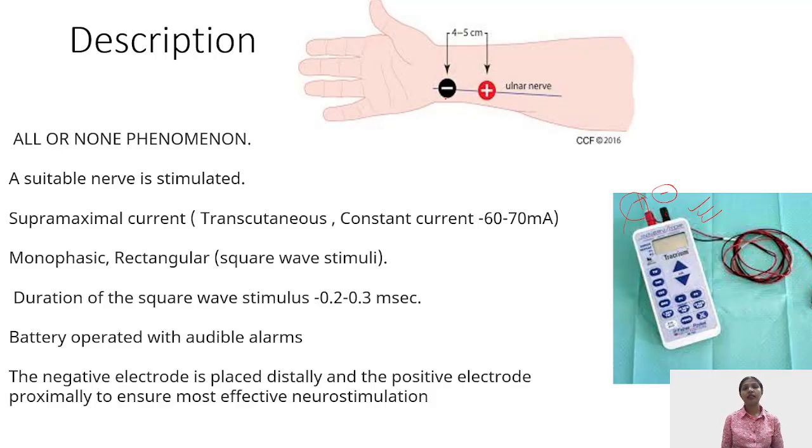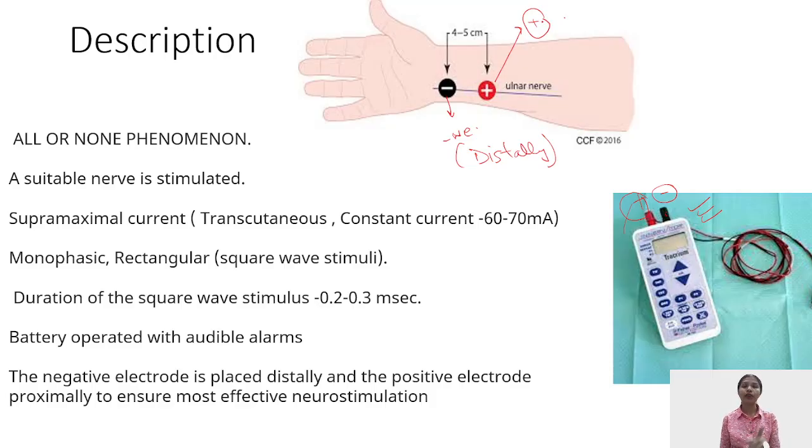Always remember that the negative electrode is always put distally, and the proximal is always the positive one. This helps in potentiation of the nerve conduction, and the muscle in itself is not directly stimulated. What we need is for the nerve to be stimulated, which should take the impulse to the muscle. No direct muscle stimulation is required.